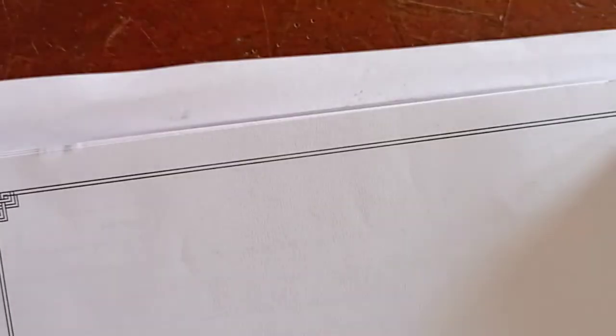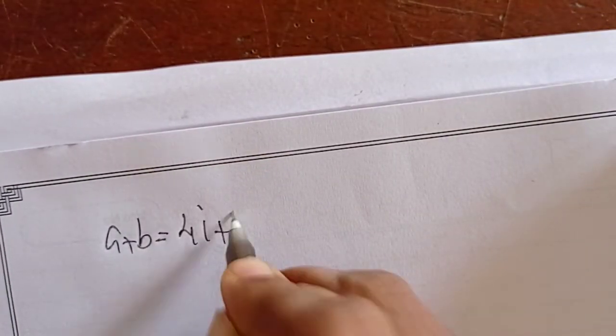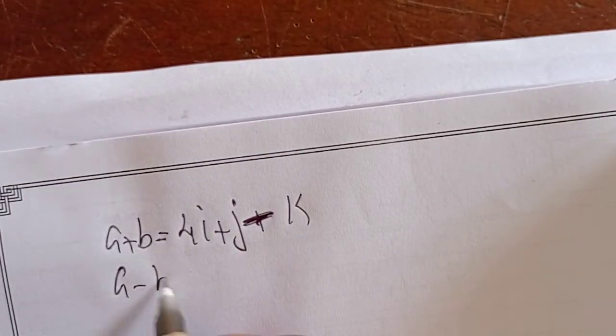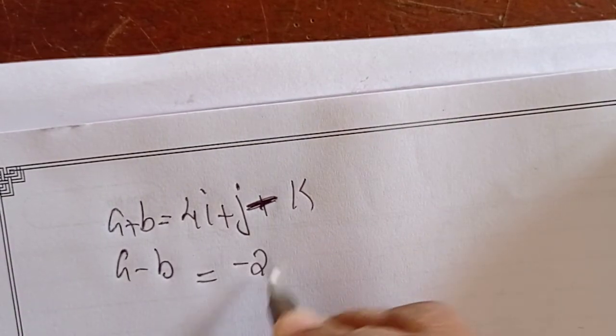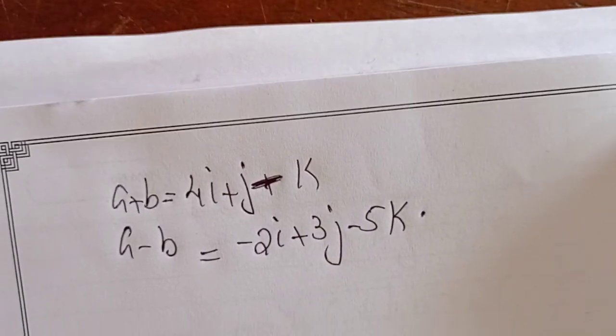Check the answer. A plus B is equal to 4i plus j minus k. And A minus B is equal to minus 2i plus 3j minus 5k.